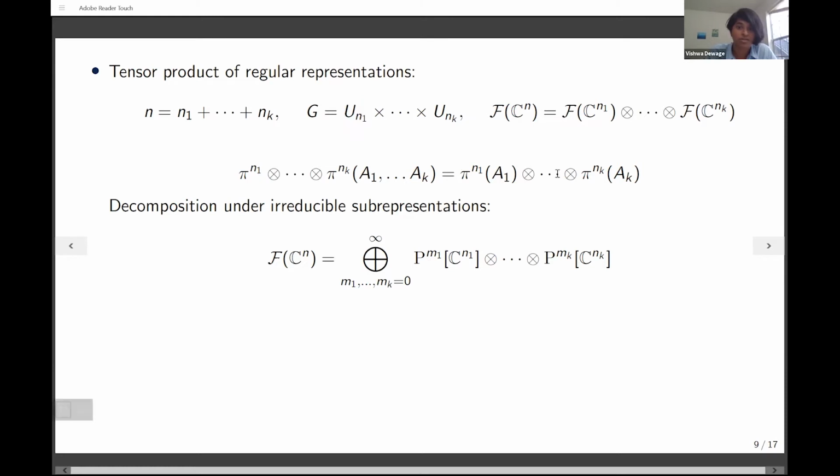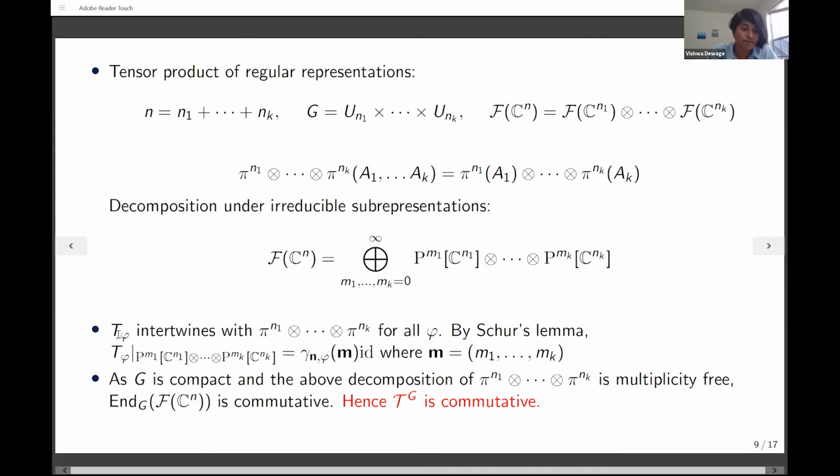So it's just the tensor product of pi n1 (a1) and so on. And so again, this representation is reducible, and we can decompose F(Cn) under irreducible subrepresentations like this. Now the invariant subspaces are the tensor products of homogeneous polynomials.